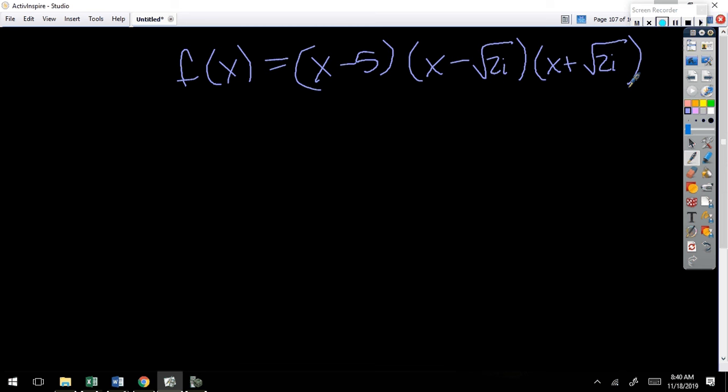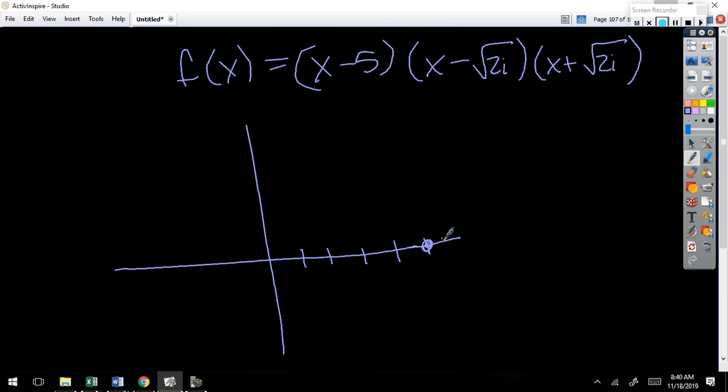Only 1. 2 of them are imaginary. What is the degree here? 3, right? So if you think about it graphically, I know one of the zeros is what? What's the real zero here? 5. 1, 2, 3, 4, 5. So maybe it does something like, without actually multiplying it out, is this a cubic? Something like this? Okay. See how this one only has 1 real zero even though it's a cubic?